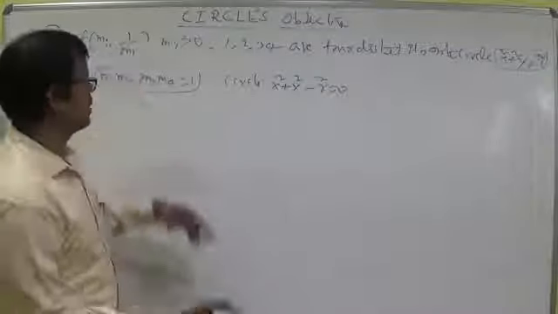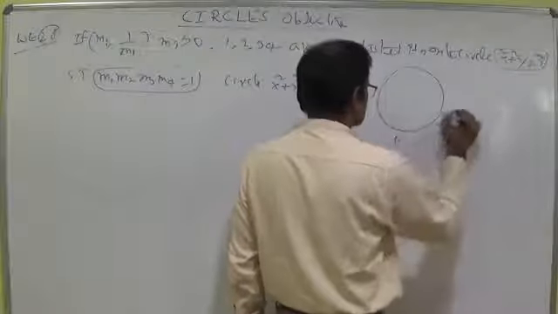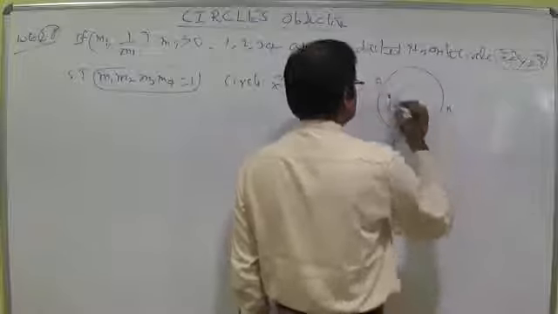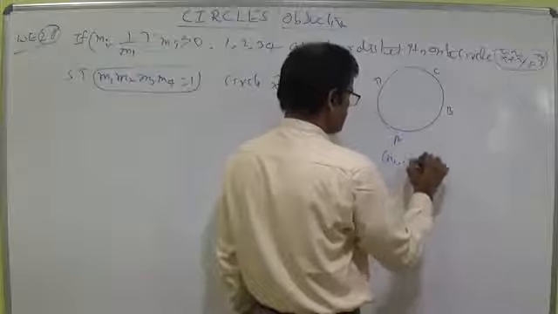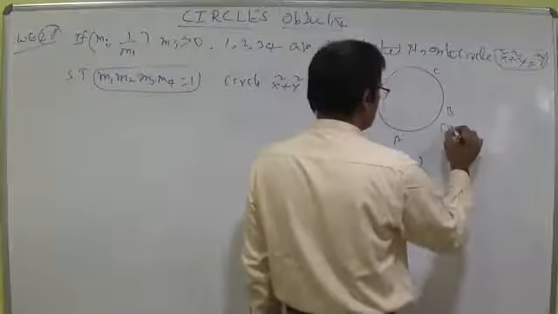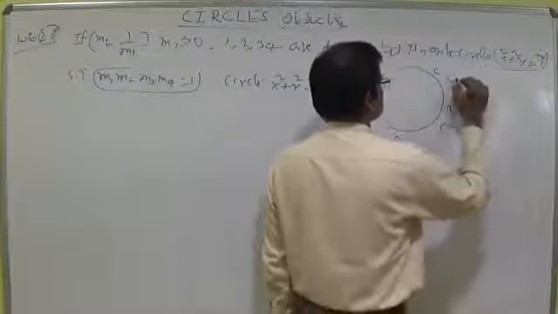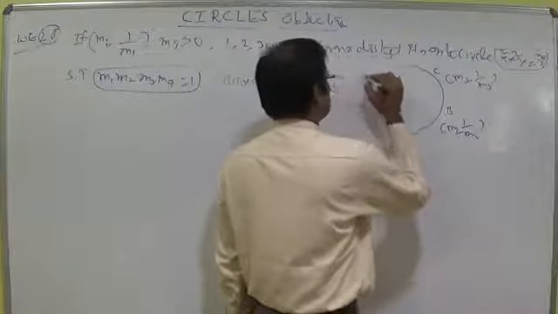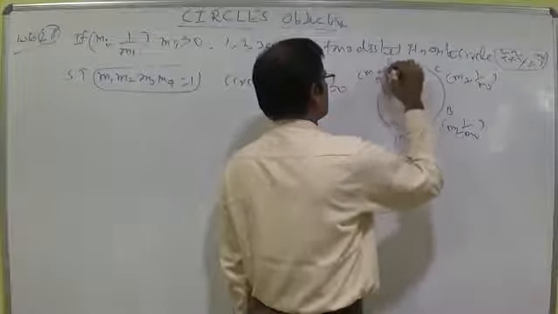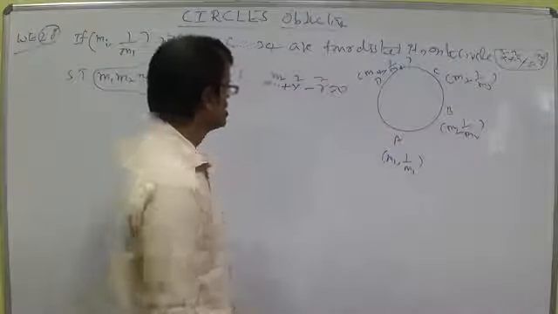Since here 4 distinct points lie on the circle, this is A, this is B, this is C, this is D. At A we can write m1 comma 1 by m1, at B m2 comma 1 by m2, at C m3 comma 1 by m3, at D m4 comma 1 by m4. These are the 4 points lying on the same circle.